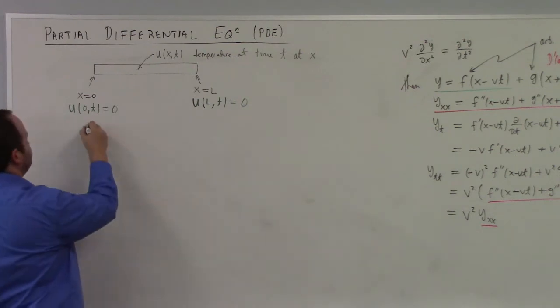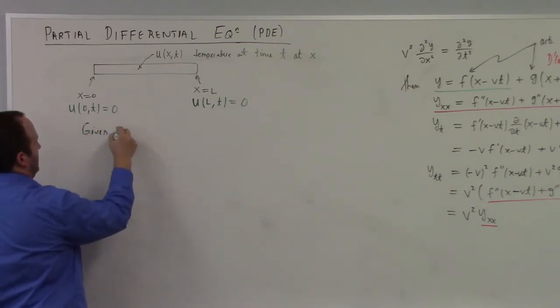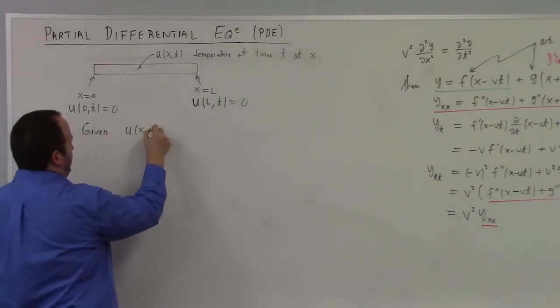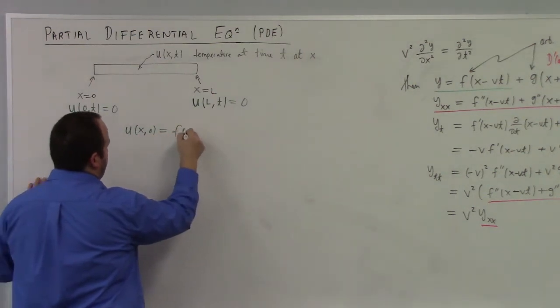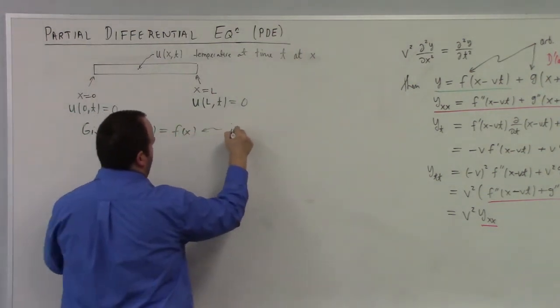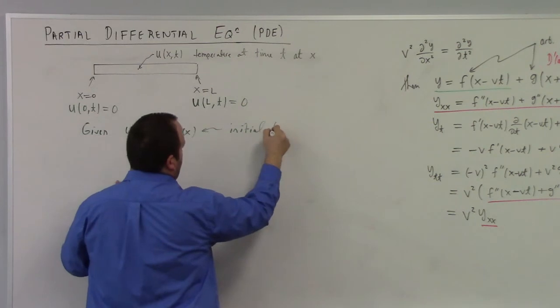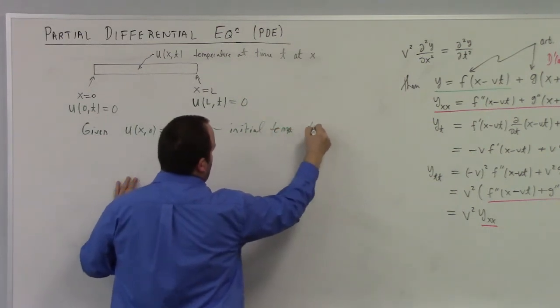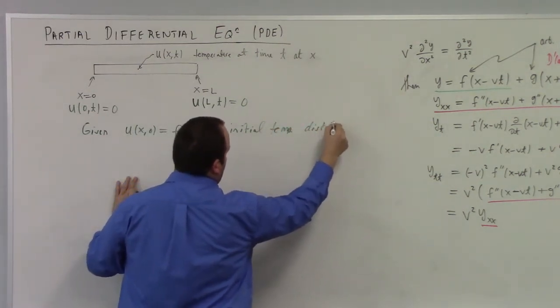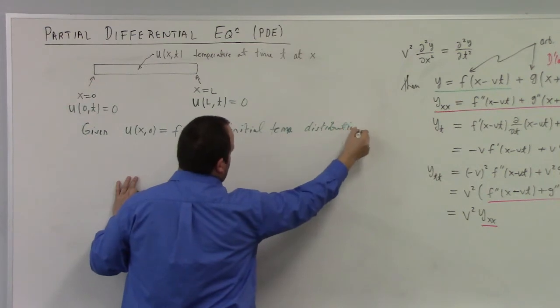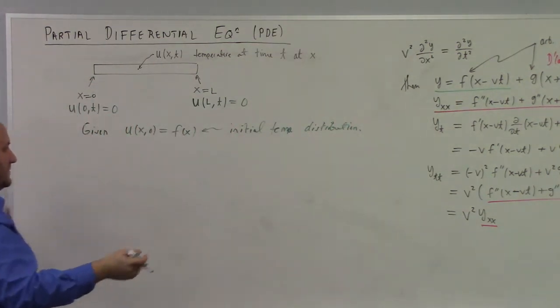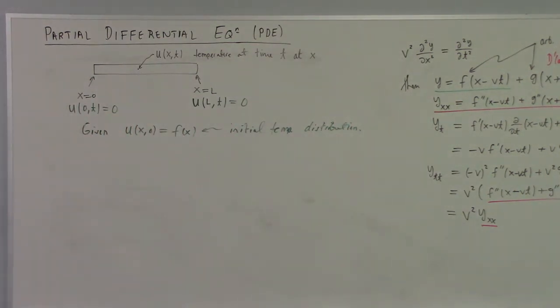And then you're given, say, that u of x comma 0 is equal to f of x. So this is some initial temperature distribution. And then the question is, what happens after that? You let it go. What happens to the temperature then?